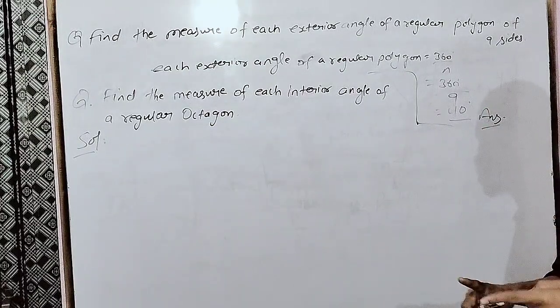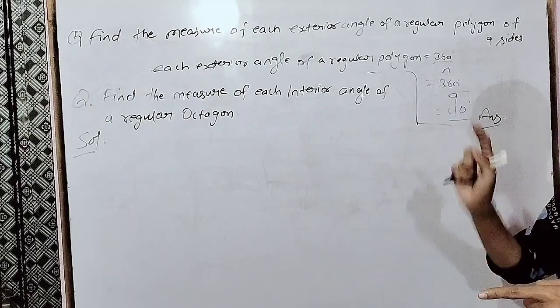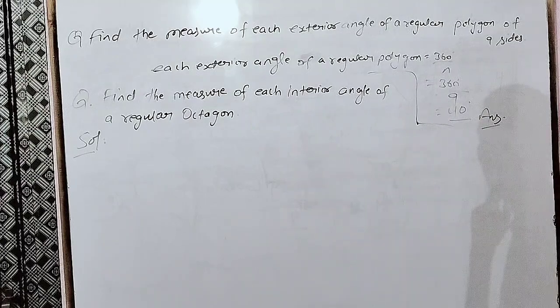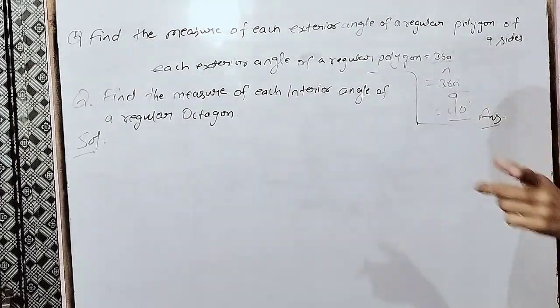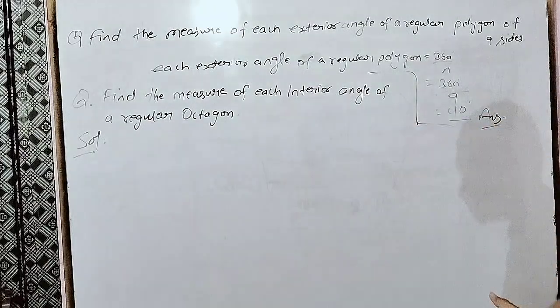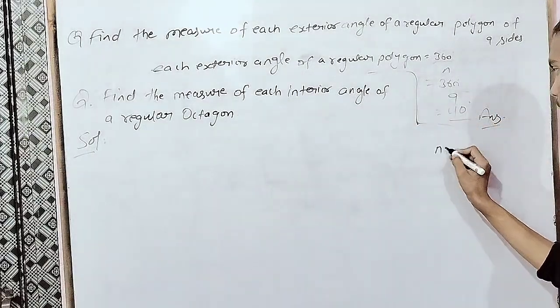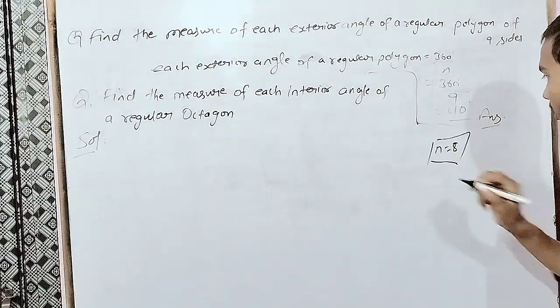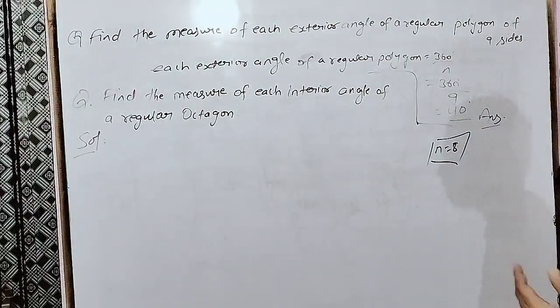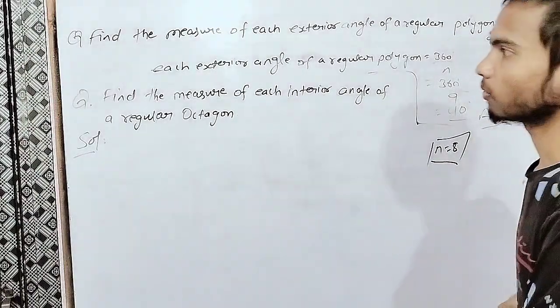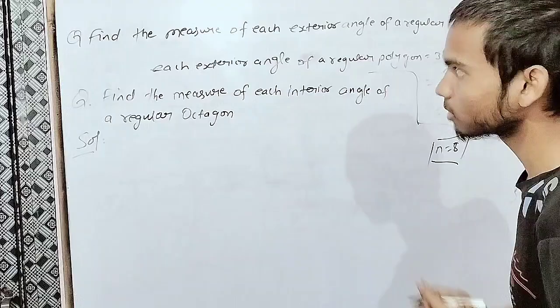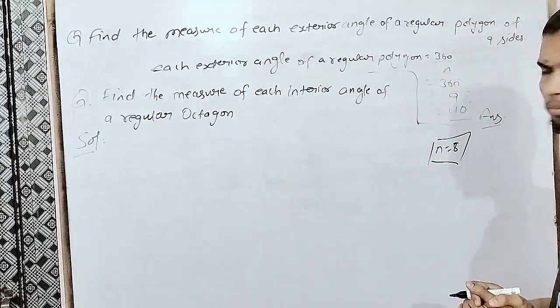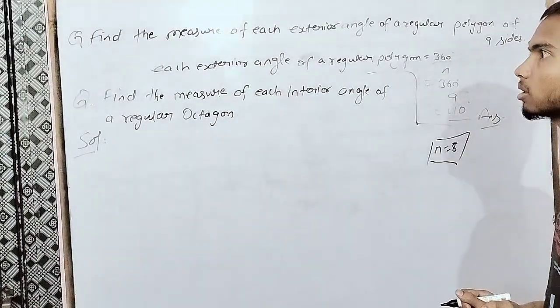So we have a polygon which is an octagon, and an octagon is a regular polygon. The number of sides of this regular octagon is 8.